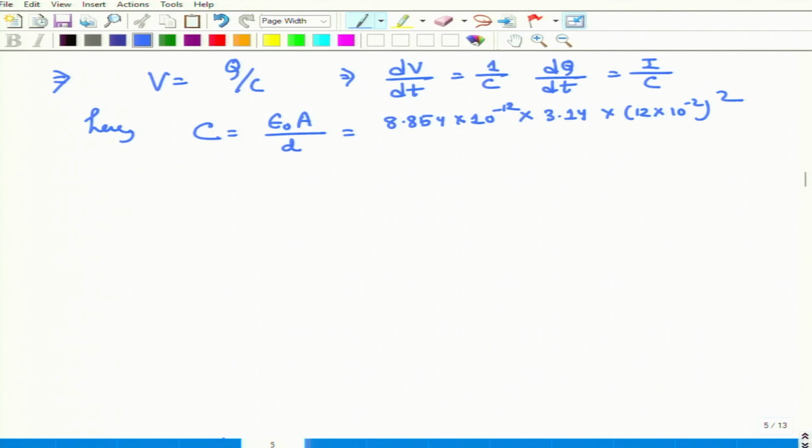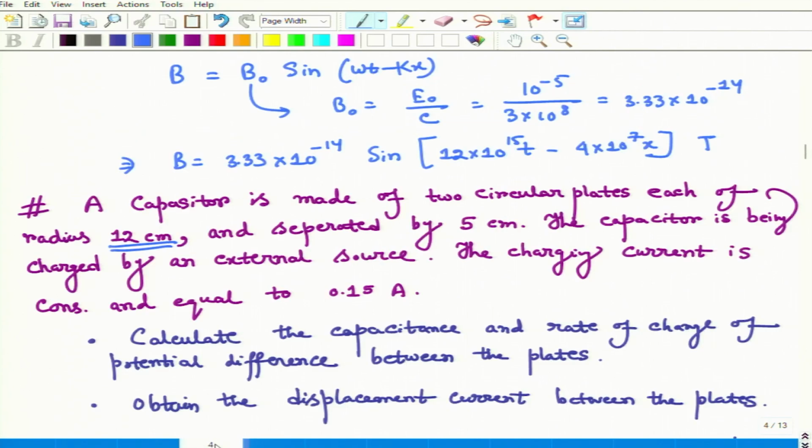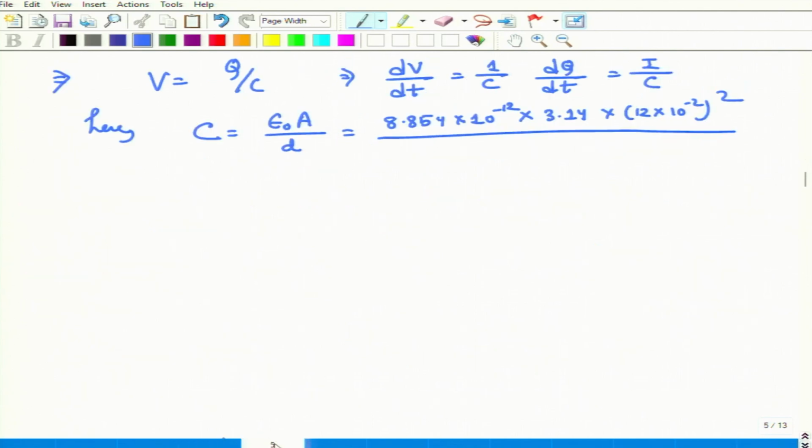That's why you have to multiply by 10 to the power minus 2. This is d and this is our A, because we have to find out the radius. A equals pi r square, right? So r is given, which is 12 centimeter.